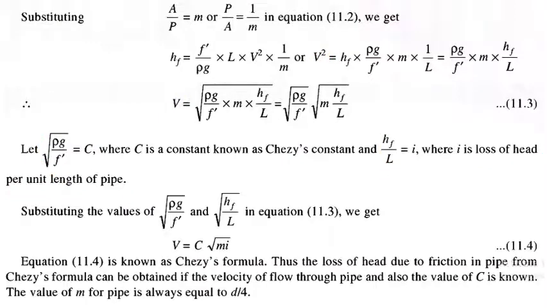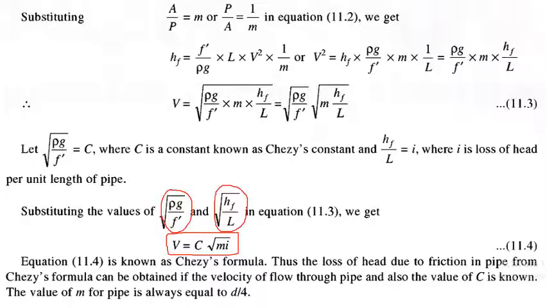So the equation becomes V is equal to C into square root of m into i, where C is the Chezy's constant, which is square root of rho g by f dash, and i is hf by L, which is the loss of head per unit length of pipe.